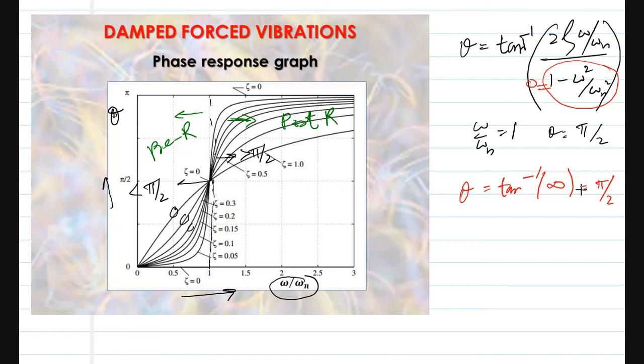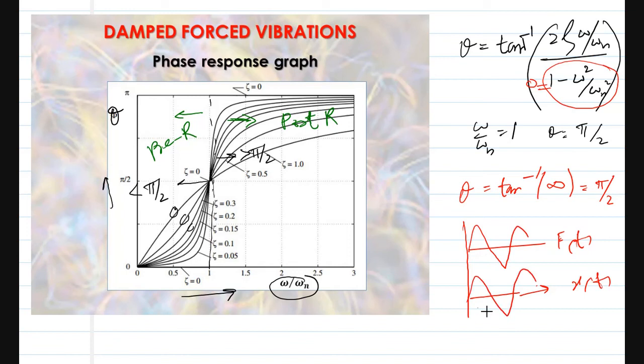So the main idea is, what is actually theta? If this is your force and this is your system response in time, the phase angle between your force and the displacement is theta. It can be less than 90 if you are operating in the pre-resonance.